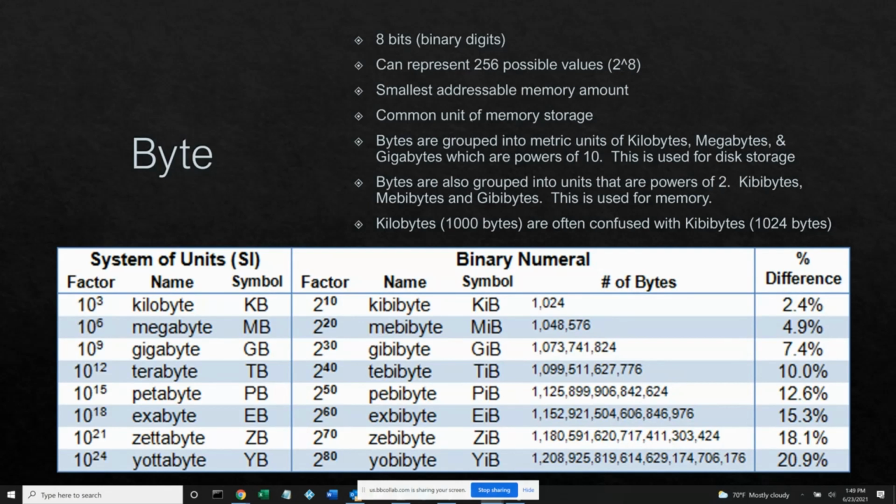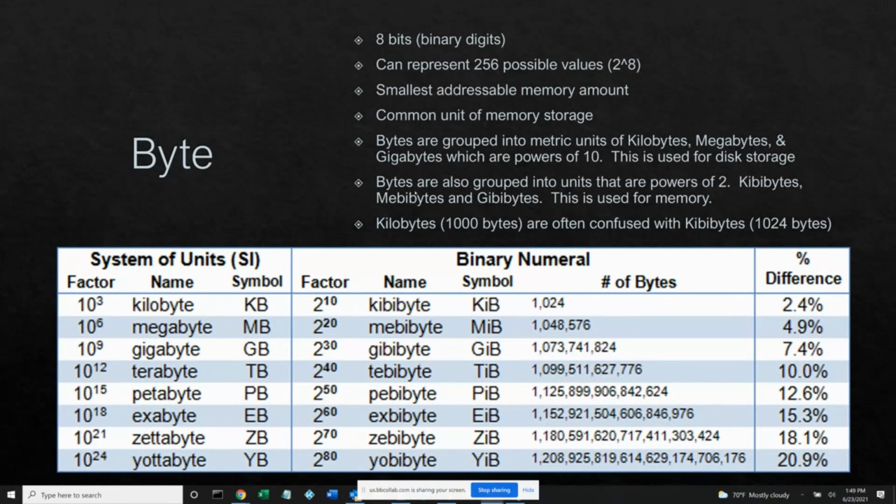But when we group even larger amounts of bytes together, we use what are called metric units, like kilobytes, megabytes, and gigabytes, and those are all powers of 10. Those are used for disk storage.